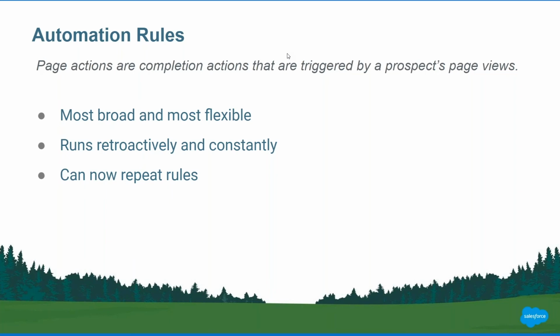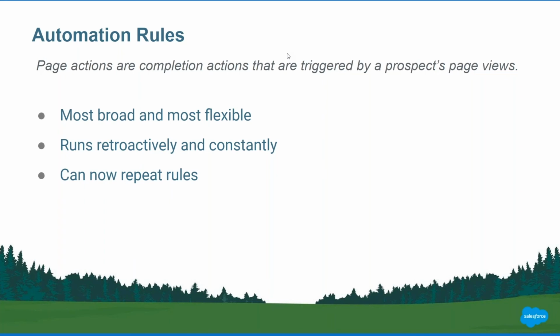Let's say one of your criteria is it downloaded this particular form, whether they downloaded it in the future or in the past, so long as they meet the criteria that they downloaded that form, they can be qualified for that particular automation rule. So they run retroactively and also constantly. So long as this particular rule is active, it's going to keep running and keep trying to qualify any prospects for that particular automation rule.